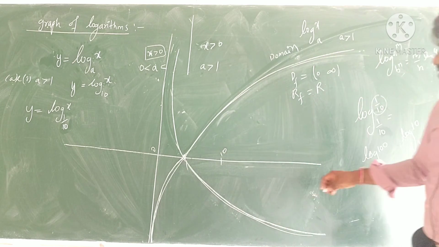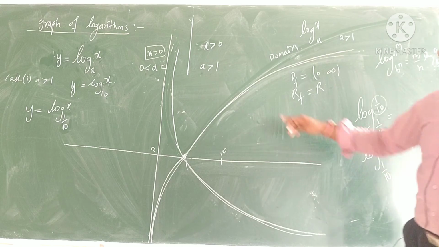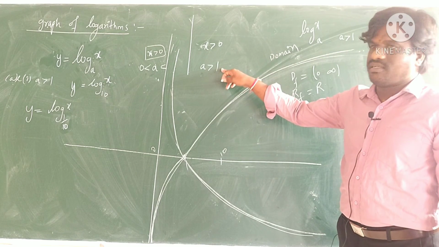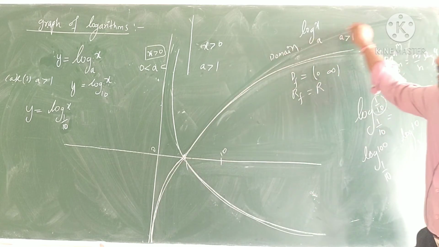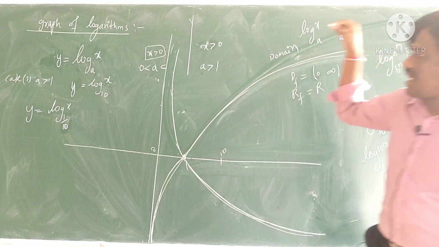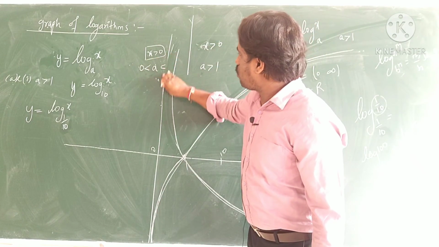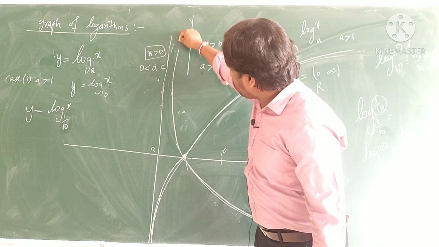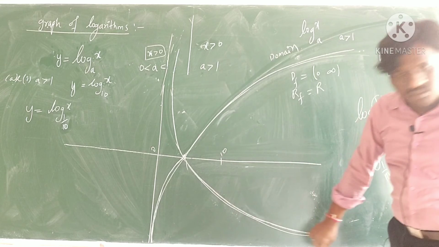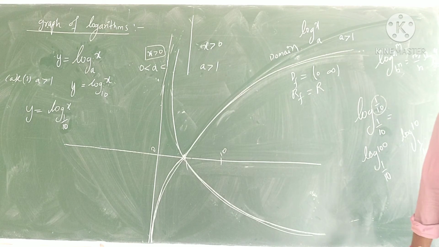And if you see the graph, if a is greater than 1, the graph comes from down going up. If a is in between 0 to 1, then the graph is coming from upward to down. Is it clear?